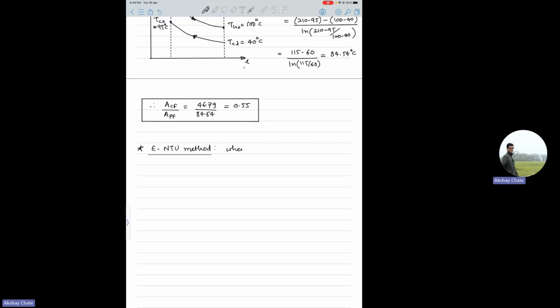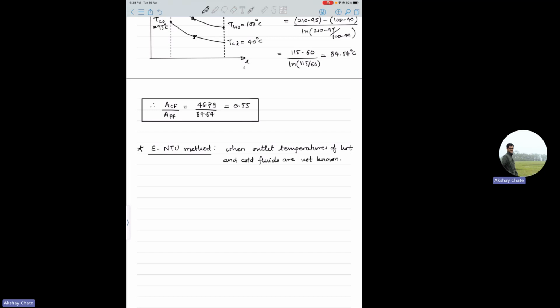When outlet temperatures of hot and cold fluids are not known.